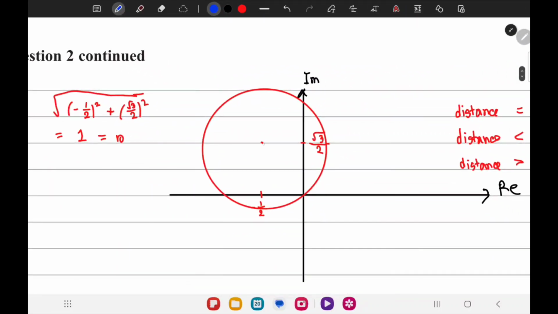So we can draw this. This is one of the lines and this is the other. This angle over here is 3π/4.